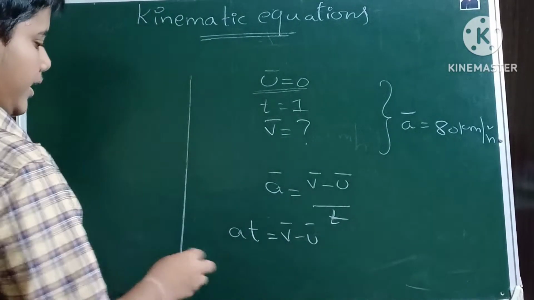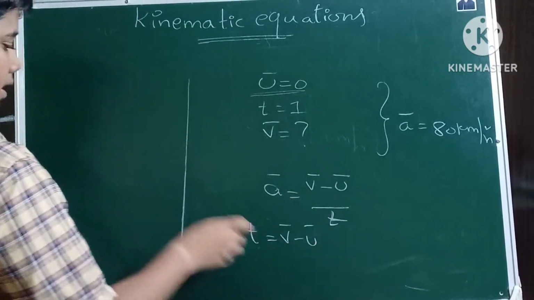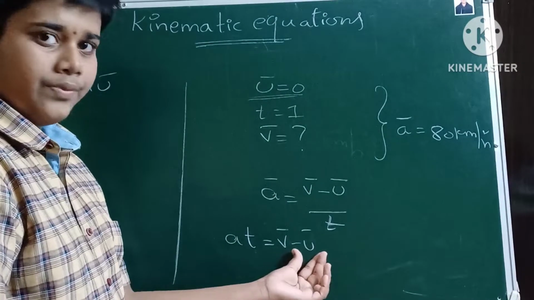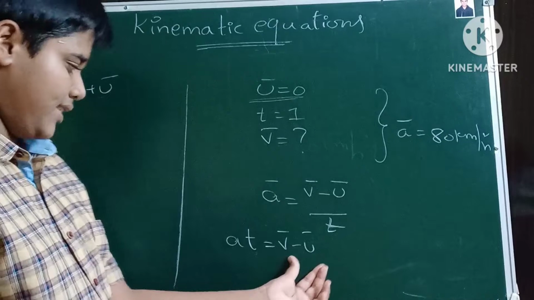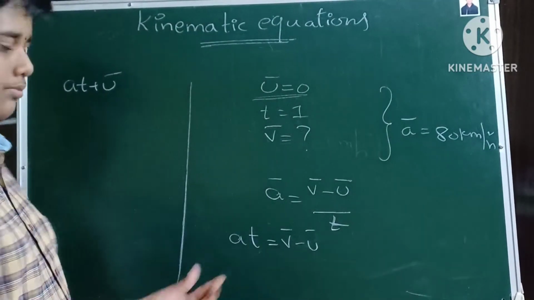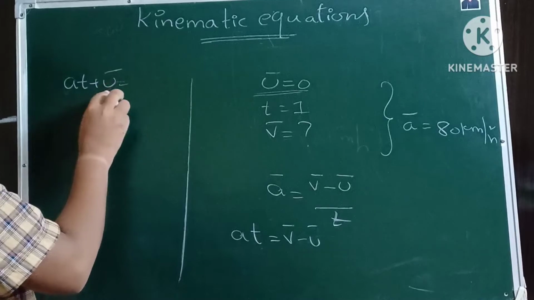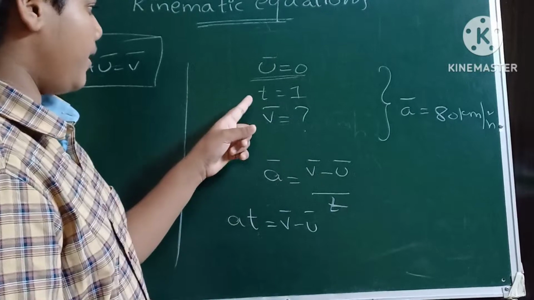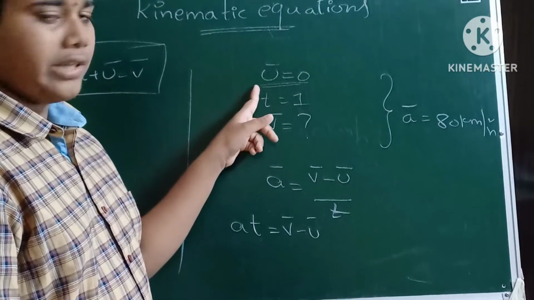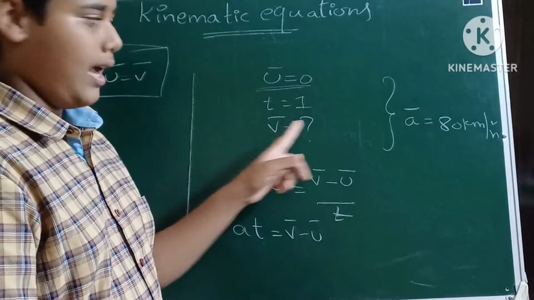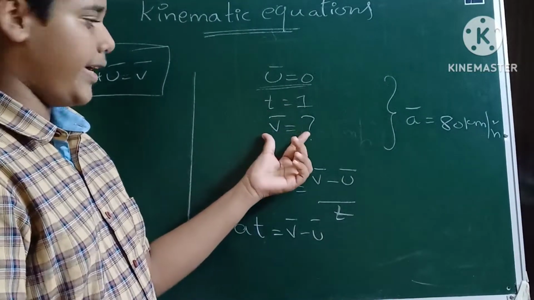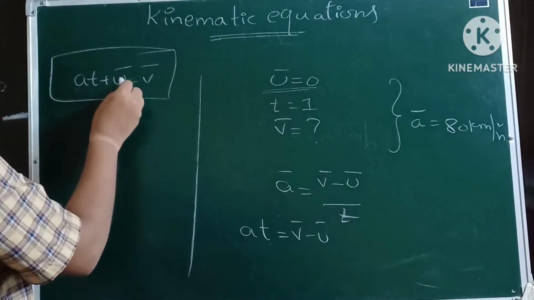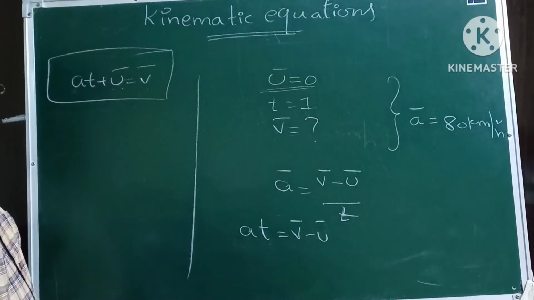Then 80 plus U bar is equal to V bar, because U bar is negative on this side and when transferred it becomes positive. So when they give initial velocity, time and acceleration and ask you to find the final velocity, the formula is V bar is equal to U bar plus AT.